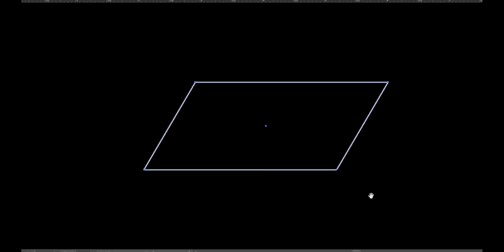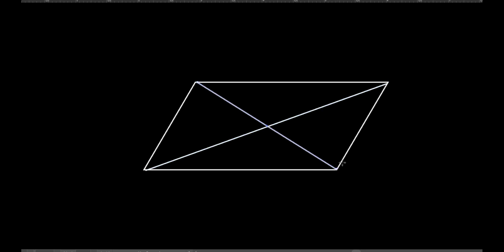Watch this. What haven't we used just yet on this? Diagonals, right? So let's throw some diagonals in there. So watch this. Just putting diagonals in there, does that make this a parallelogram? No. I could put diagonals in a trapezoid, all right? But just because they're diagonals does not mean this is a parallelogram.